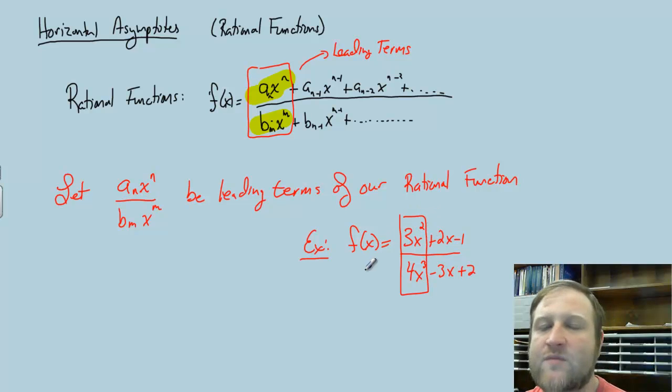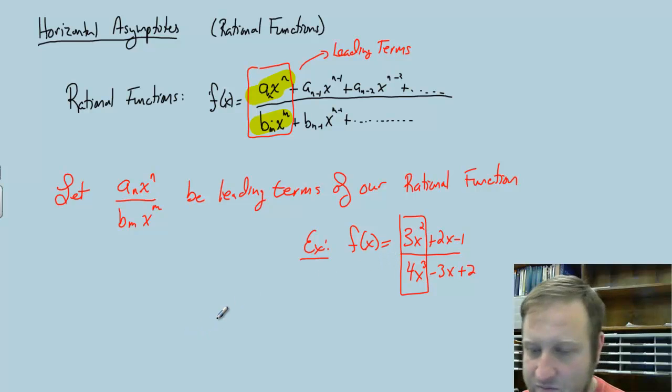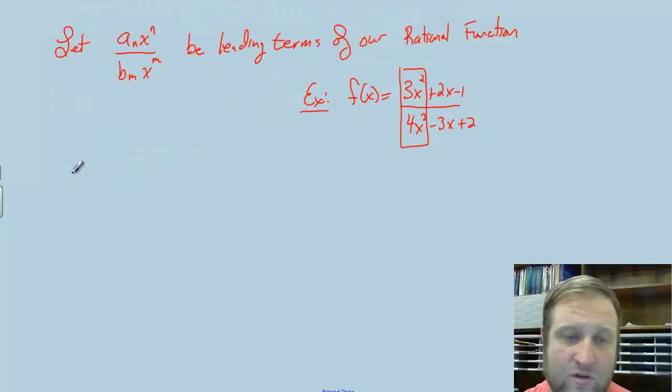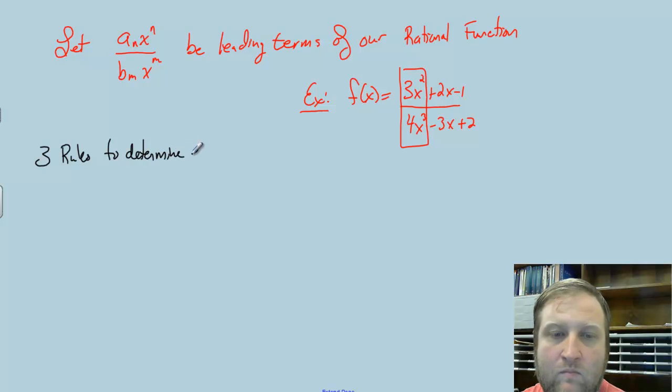These leading terms will dictate all the actions of our horizontal asymptotes. And this actually will fall into three basic rules. There'll be three rules involved for determining horizontal asymptotes.